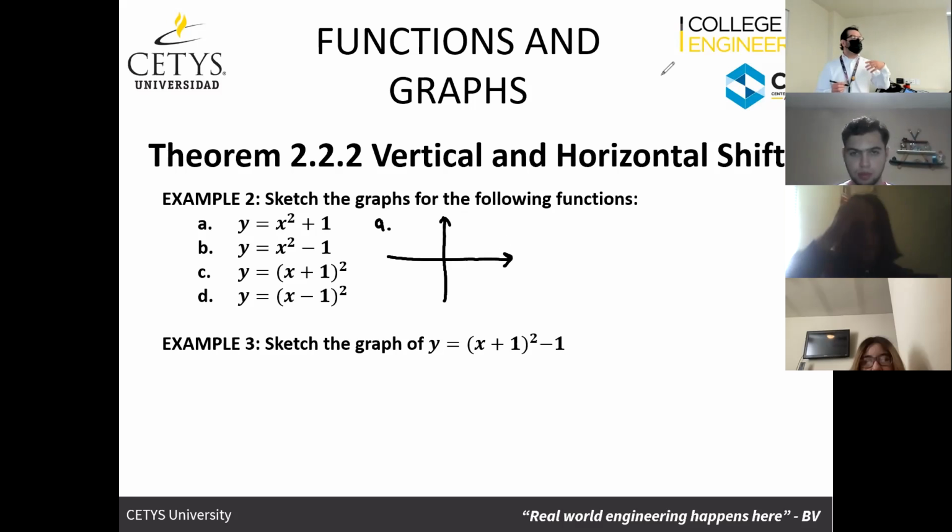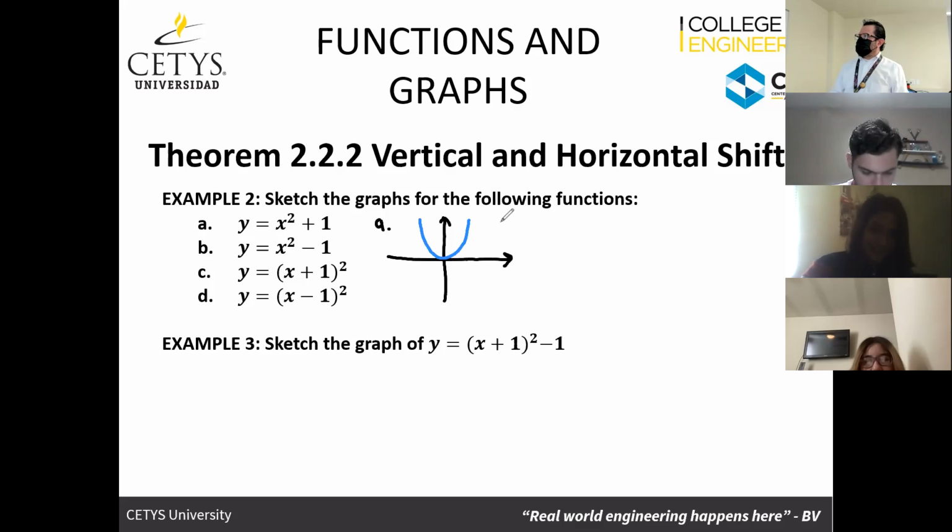So I'm going to draw in blue what I'm going to call the base function. Meaning, if I look at y equals x squared plus 1, the function that it's based on is x squared. So the base function is going to be a parabola. I'm just going to draw it here like this. And this is equal to y equals x squared.